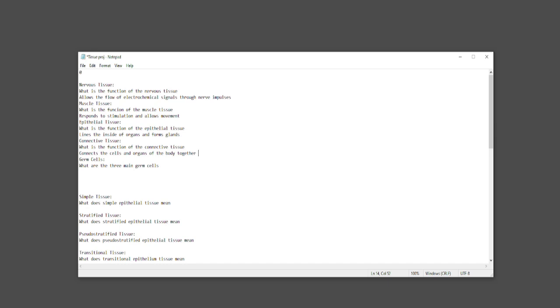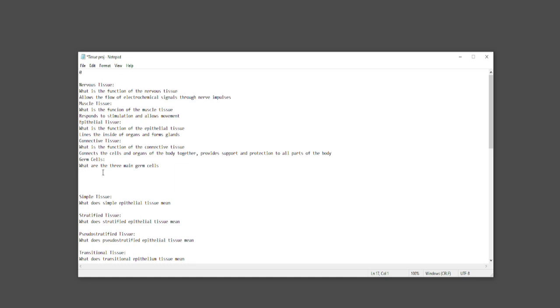And not only that, pretty sure it provides support and protection to all parts of the body. Finally, germ cells.